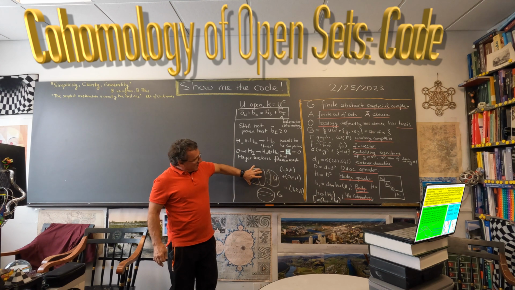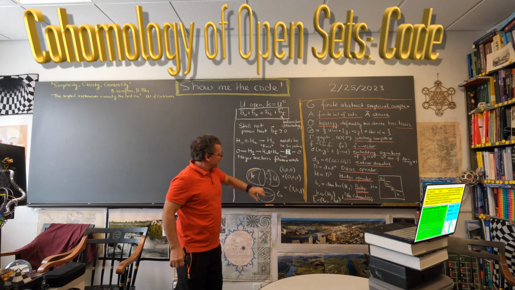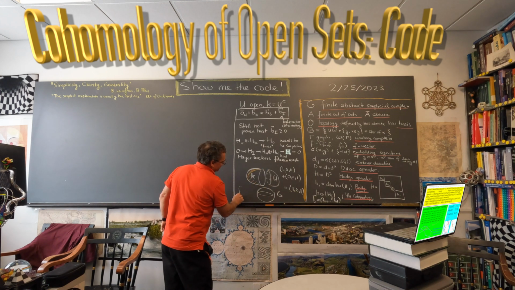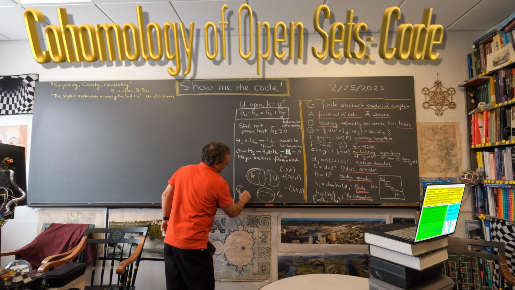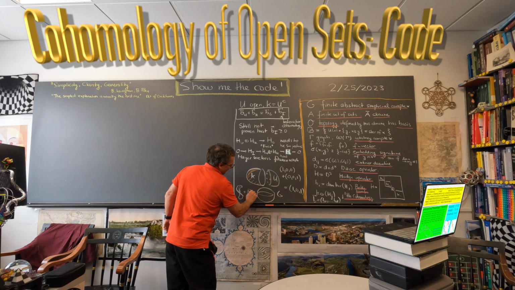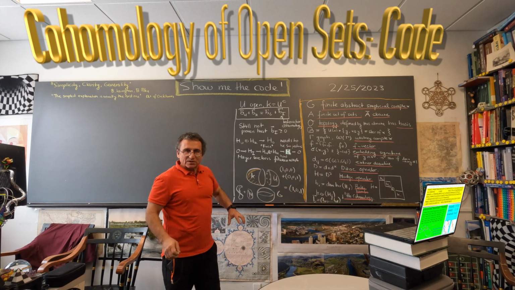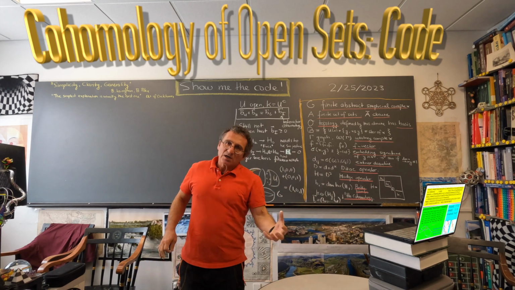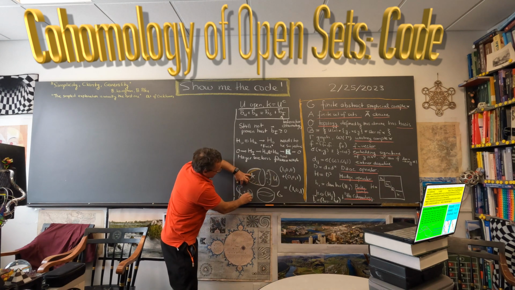That really happens if you have a Möbius strip, and you attach to the Möbius strip an open ball, because you attach to the boundary, right?